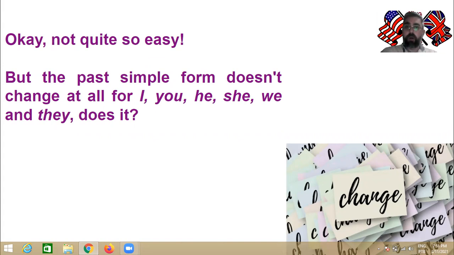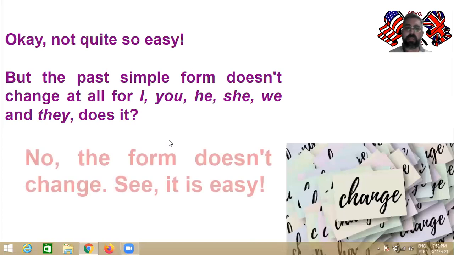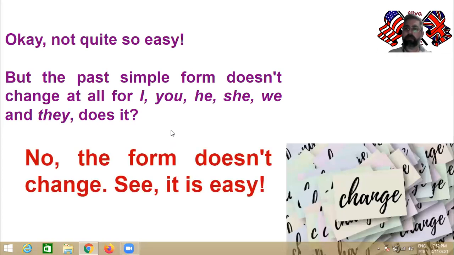Well, I have some good news for you here, all right? Because in the past simple form, it doesn't matter what the subject of the sentence is. It doesn't matter if the pronoun is I, you, he, she, we, they. It does not matter, okay? You have only one form for the verb in the past.